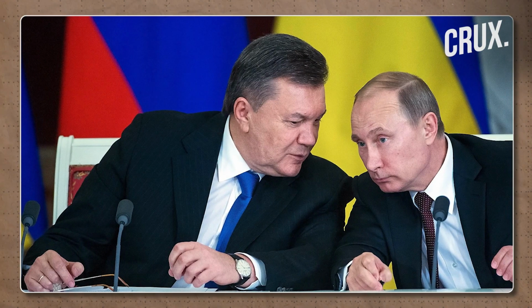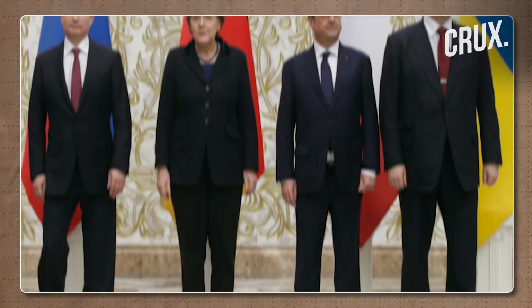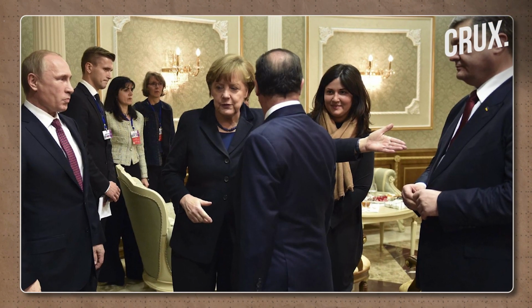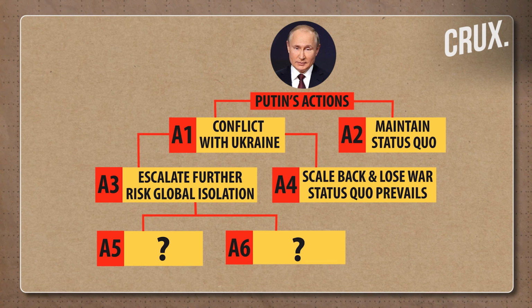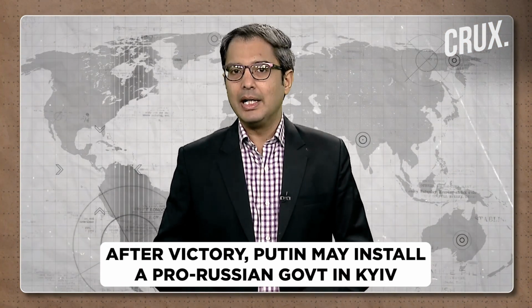You've already seen reports of Viktor Yanukovych, the previous president of Ukraine, apparently being cited in Minsk. And Minsk, remember, is where the famous Minsk peace agreements, both 1 and 2, came into existence in 2014 and 15. So is it possible that Putin chooses A5 and then eventually, after a military victory, installs his man, Viktor Yanukovych, in the saddle of power in Kyiv?